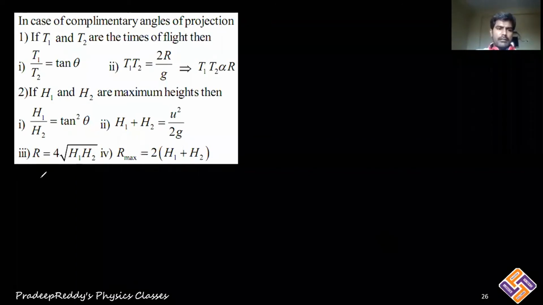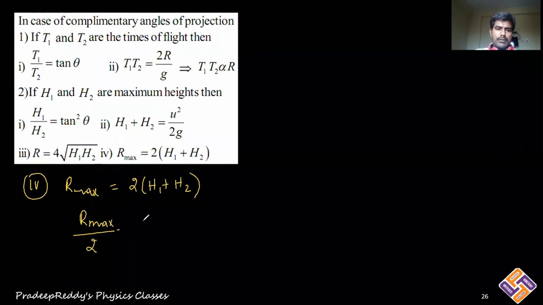The fourth one, we need to show r maximum is equal to 2 into h1 plus h2. This you can write as r maximum by 2 is equal to h1 plus h2.